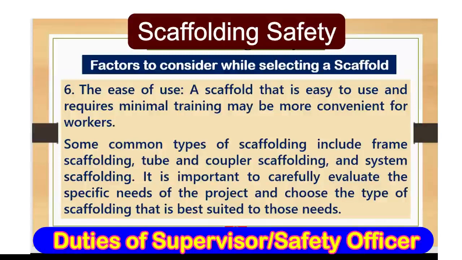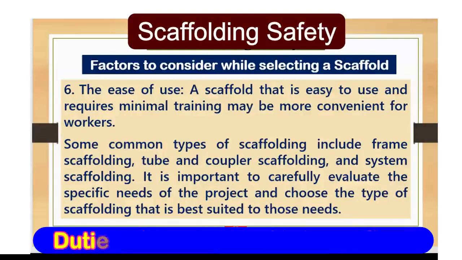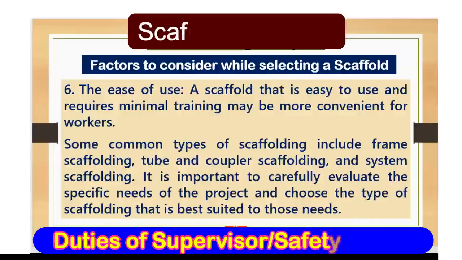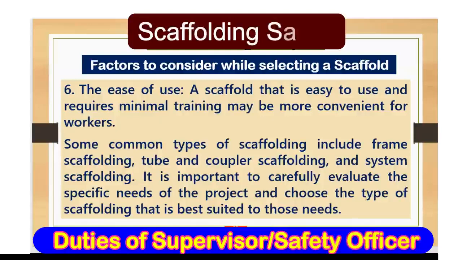Whenever you are going to choose the scaffold, you need to consider at least these 6 points. This will help you to select the right type of equipment, the right class of scaffolding to carry out the job and complete the task safely.